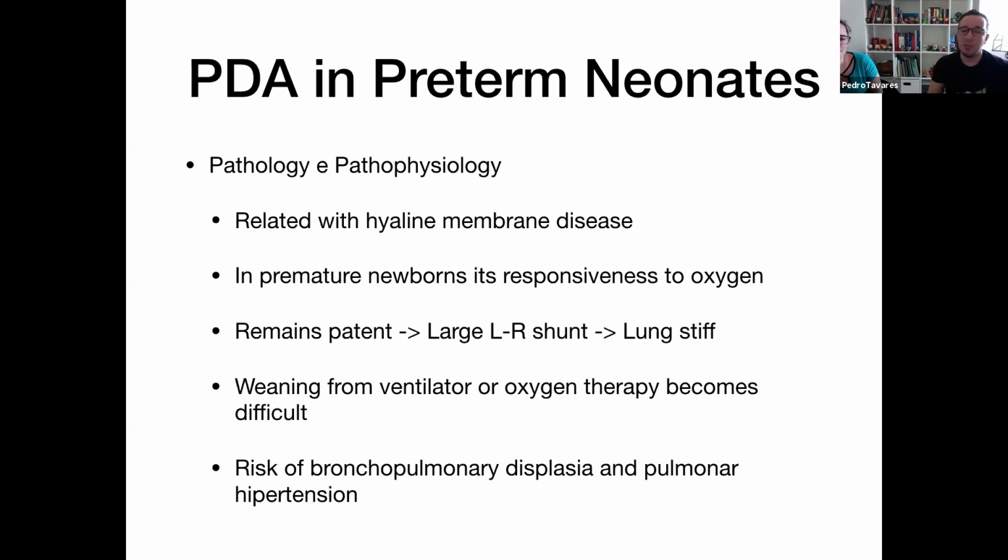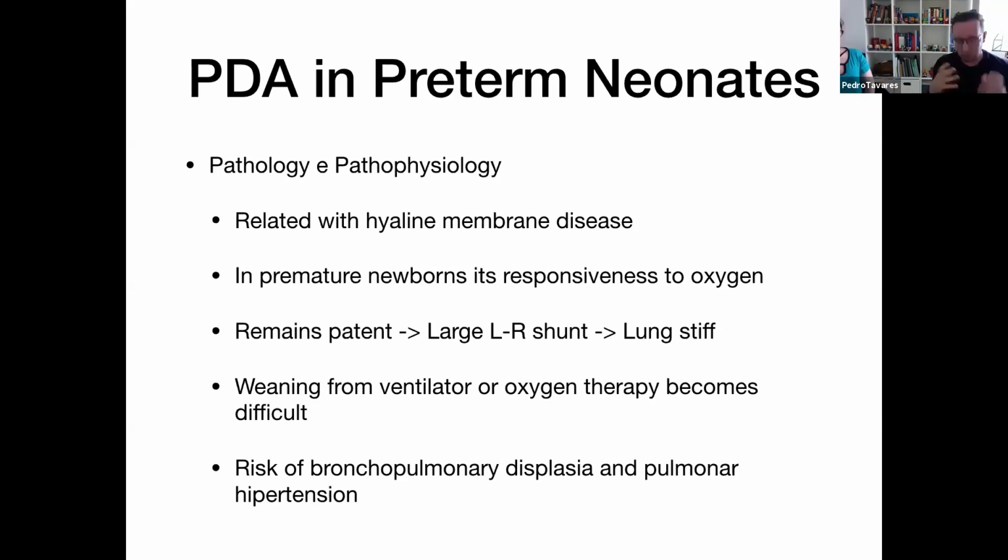We should suspect it in newborns with responsiveness to oxygen, and if the PDA remains patent with a large shunt left to right, we will see stiff lungs. Another aspect that we should see is difficulty in weaning from ventilator or oxygen therapy.